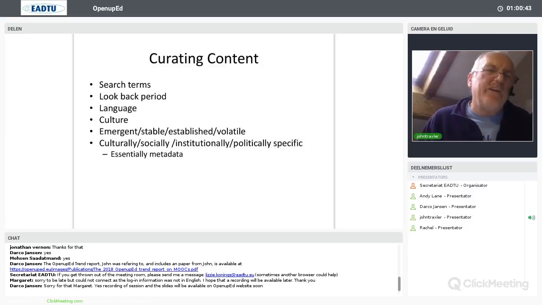But actually, you might need to add in other issues as well, like what is the culture from which the content is coming, and how good a match is it to the culture of your learners, or how specific or generic is it, how transferable is it? When I say look back period, how stale could it be?